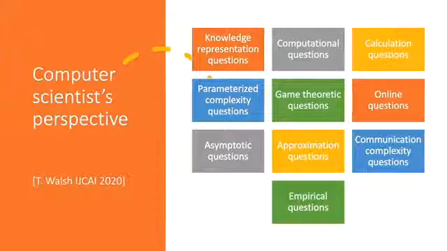In this paper, I argue that in addition to asking computational questions like how do we compute fair and efficient solutions, we can also usefully bring to bear the full range of tools from the computer scientist's toolbox to such problems.